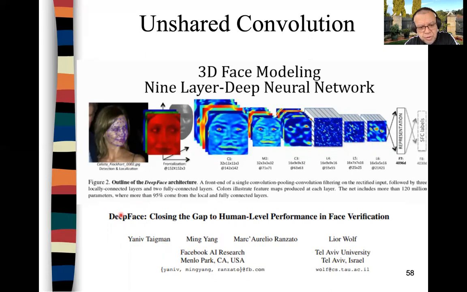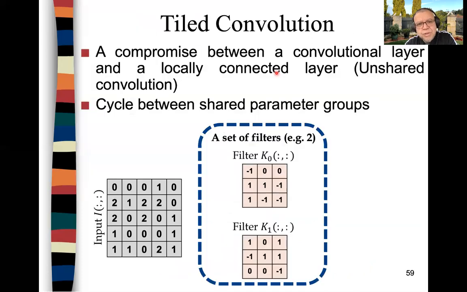It's called deep for deep learning, and face probably for face and Facebook as well. The idea is they used a large number of faces from the subscribers to train a network using unshared convolution.